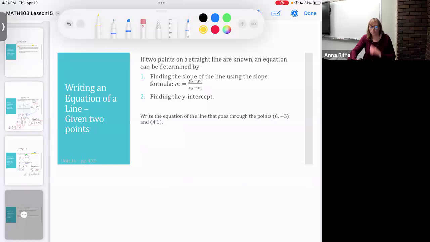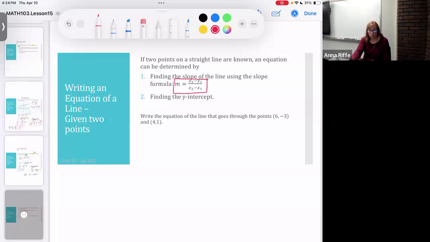If 2 points on a straight line are known, then the equation can be determined using that slope formula that we have talked about. M is equal to y2 minus y1 over x2 minus x1.